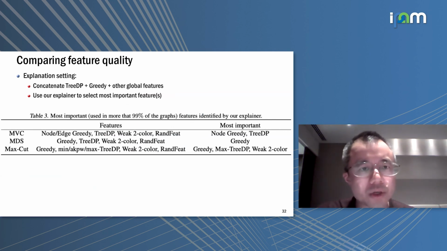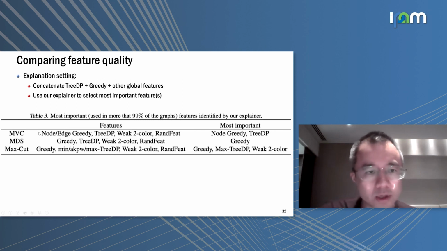So as I mentioned earlier, this explainer algorithm is also able to help us understand which one of these augmented features are important for the algorithm, the graph neural net-based algorithm to learn a better algorithm. For instance, for the minimum vertex cover problem, we have augmented the graph with different type of greedy solutions, node greedy and edge greedy. And then based on spanning tree, we run some solution.